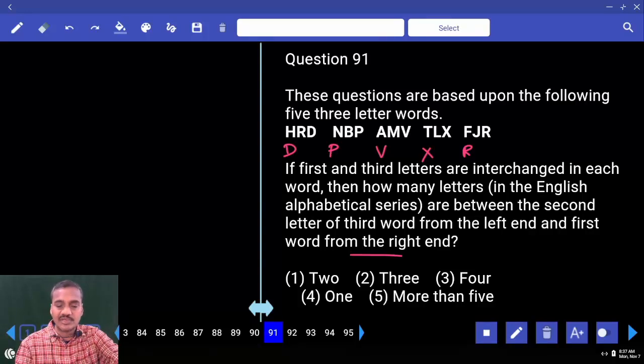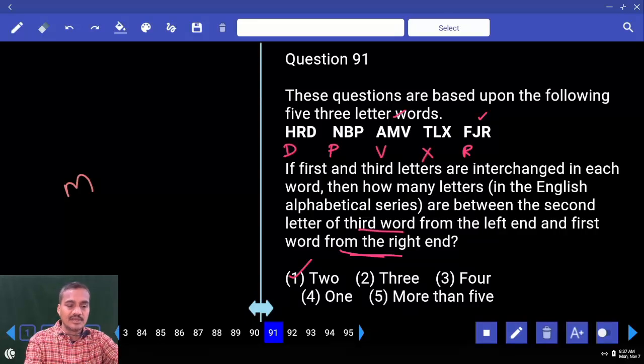Third word from the left, now this one. What is the second letter? M. First word from the right, this one. Now we need to have J. In between J and M, how many letters are there? K and L are the 2 letters. Hence 91, what is your answer here? 2 letters, that is choice 1.